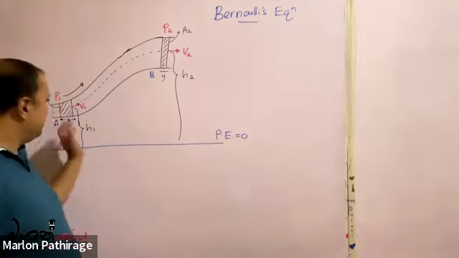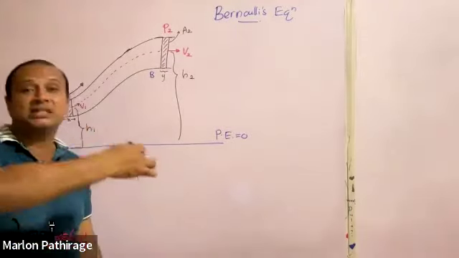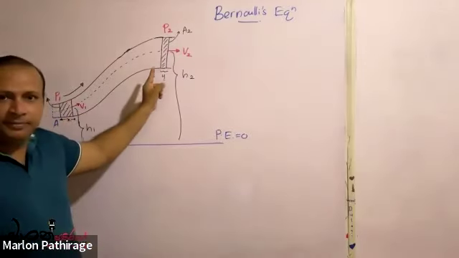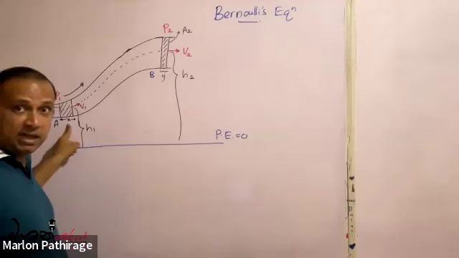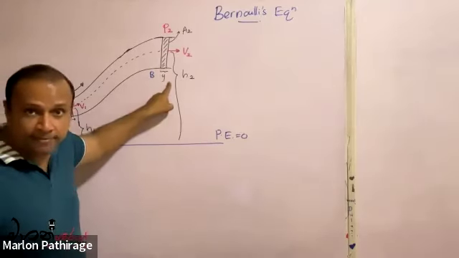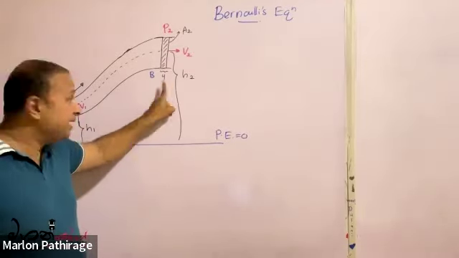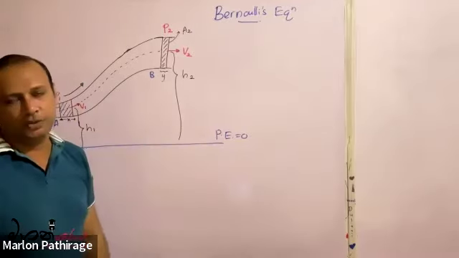So the pressure difference creates the external force. That external force does work on this particle. Due to that work, this particle flows from here to here, and its velocity is changed. Its potential energy is also changed by that force.